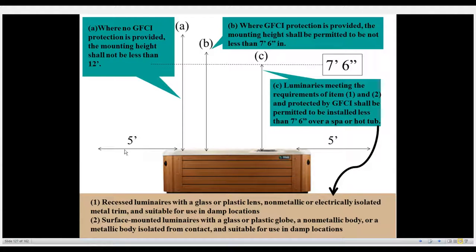You can go out 5 feet, you go up 12 feet, go over 12 feet, go down, come back 5 feet. In this one here, I go over 5, go up 7'6", go over 5, down here 7'6". Here, it can be anywhere in this 5, up here, there, whatever in here, as long as I meet 1 or 2 down here. And these two have to be GFCI protected.